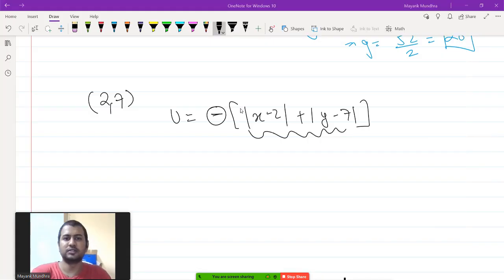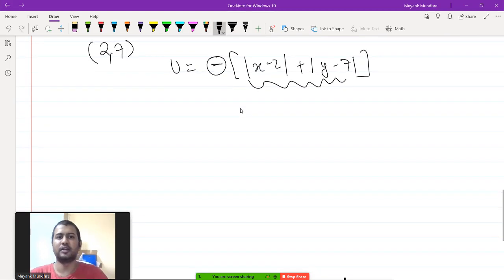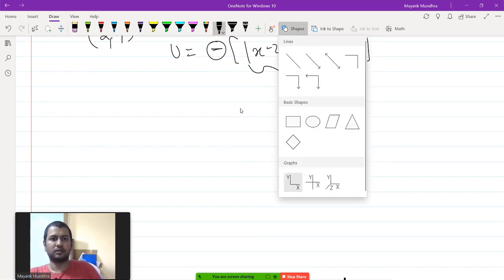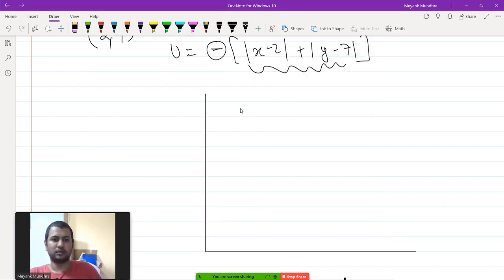Alright, so this is going to be your indifference curves. Now let's try to plot the indifference curves. What do they look like? Okay, so 2 comma 7. This is your Cartesian plane.